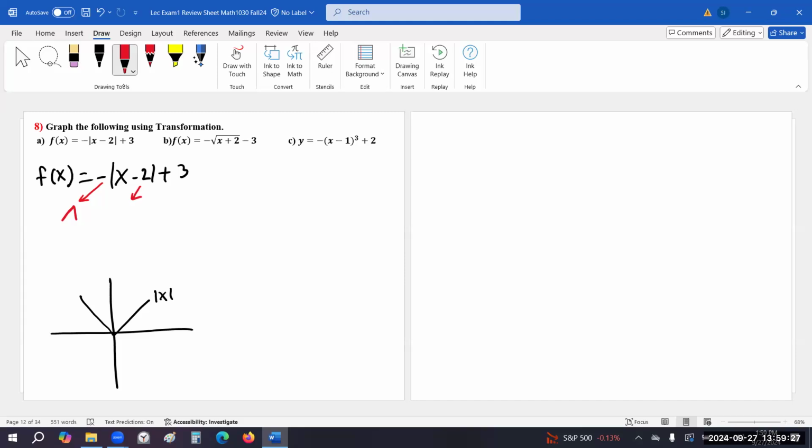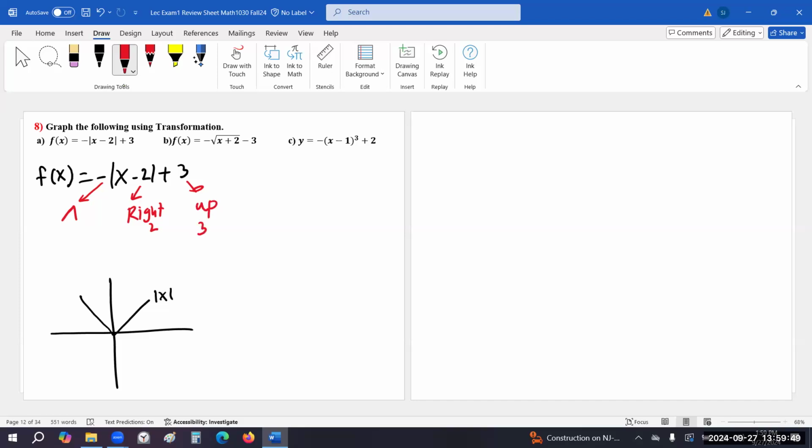And we have a minus 2 inside. It's left or right, which one? Right. For inside, it's opposite. So it should be right 2. But outside is the same. Outside gives us what direction? Up. See.